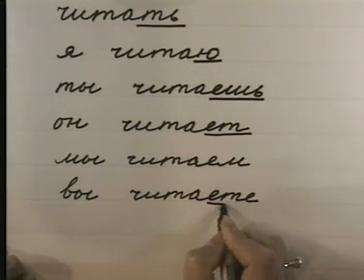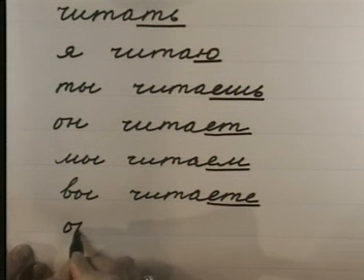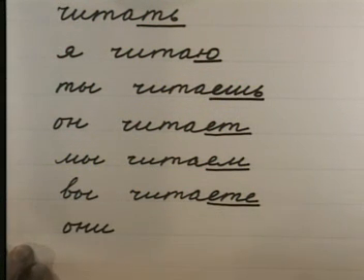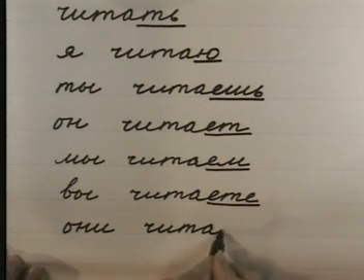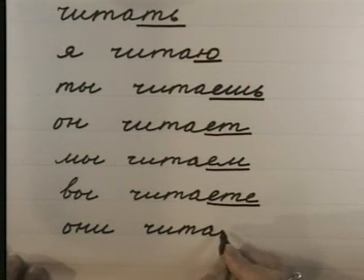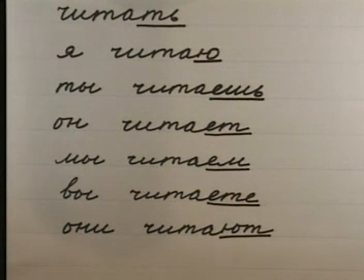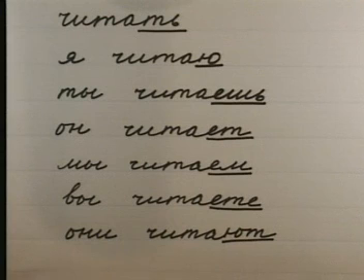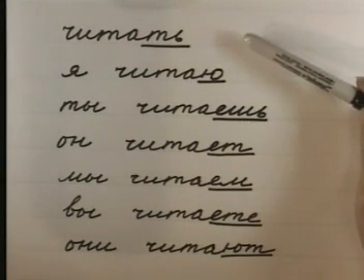Вы читаете. You are reading. And finally, они, they, они чита. That's the verb stem. This part doesn't change, but we need the ending. Читают. Они читают. So this is the full conjugation of the verb читать.